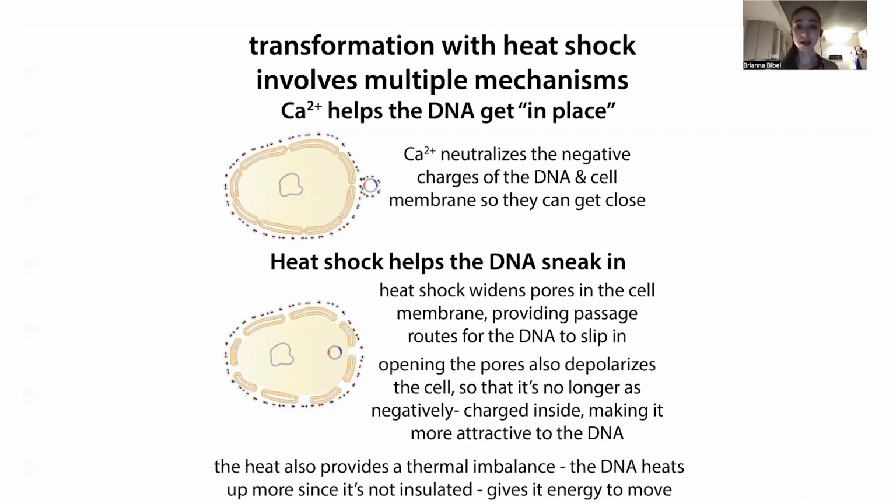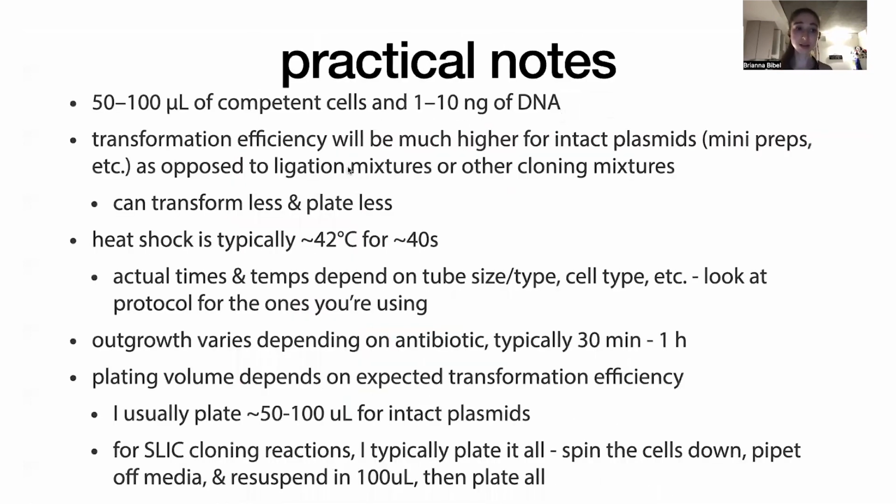Okay, so what's going to happen is that once the DNA is in contact, you're going to mix the DNA with the cells. Often this is done with 1 to 10 nanograms of DNA with 50 to 100 microliters of competent cells. We'll get more into handling the competent cells later because you have to treat them with much TLC, including individual aliquots.